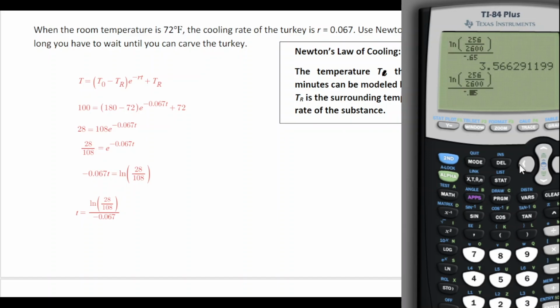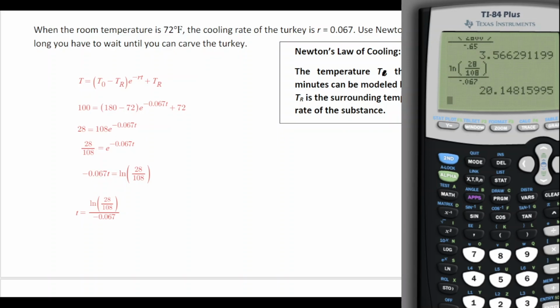Actually, look, we got a little template going over here. So the natural log of 28 divided by 108, divided by negative 0.067.